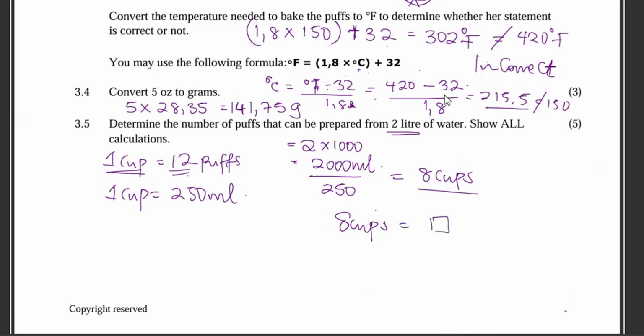That means we shall say 12 times 8, and the answer becomes 96. 96 what? Puffs. So from 2 liters, we get 96.